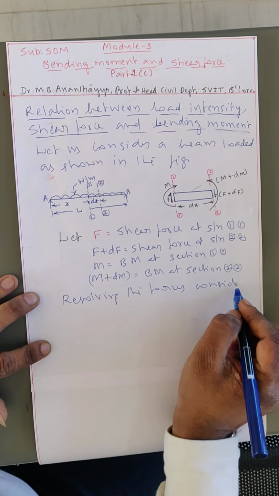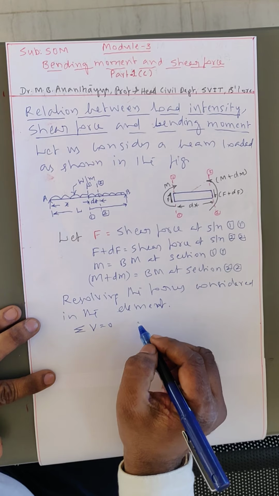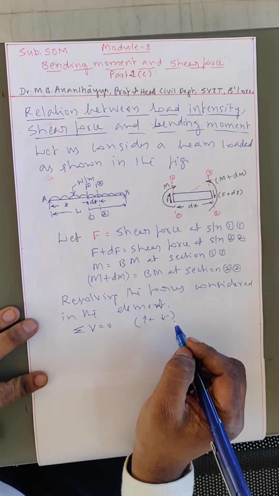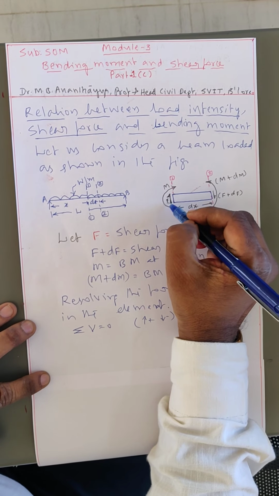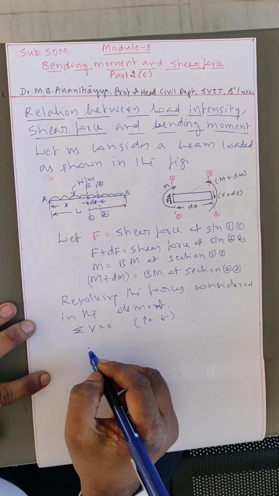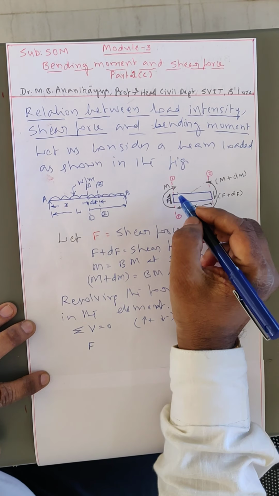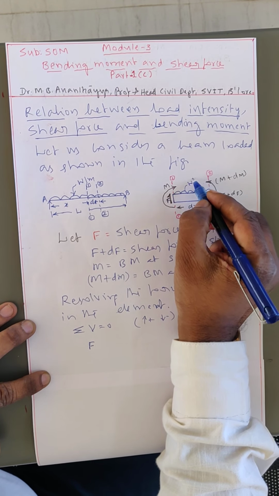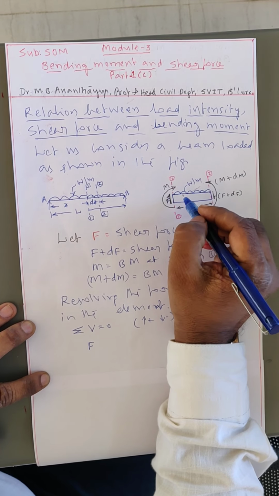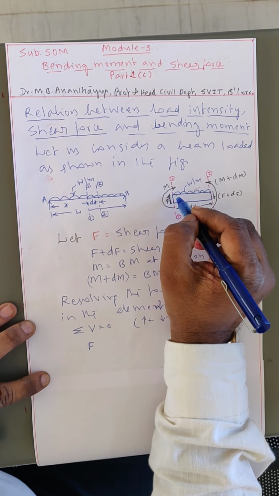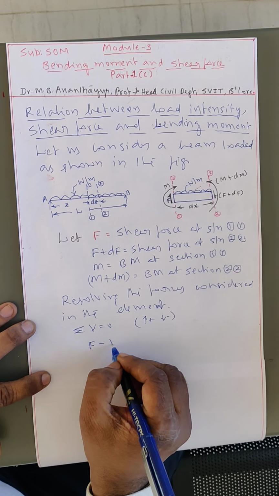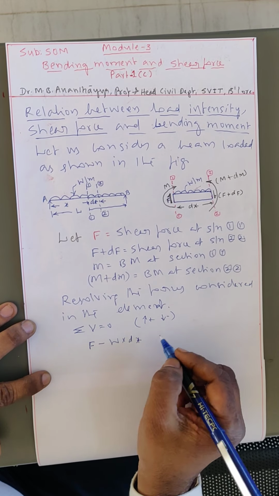First we take the summation of all vertical forces equal to 0, that is sigma V equals 0, treating upward forces as positive and downward forces as negative. The force F is upward, therefore it is plus F. Then the UDL is W per meter, acting downward, so the total load is W into dx, therefore minus W into dx.